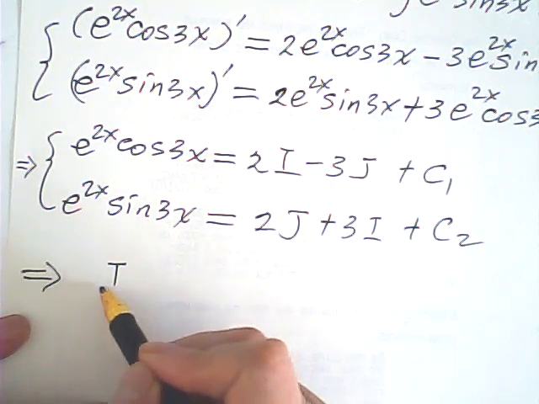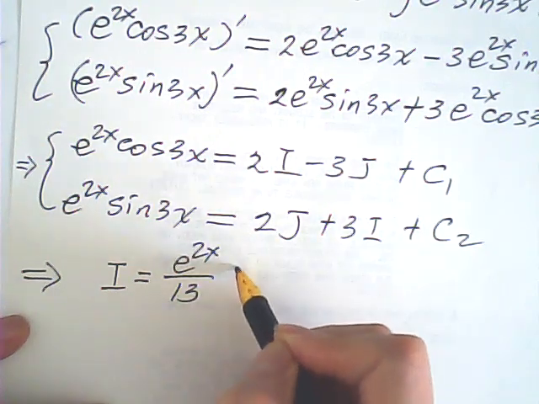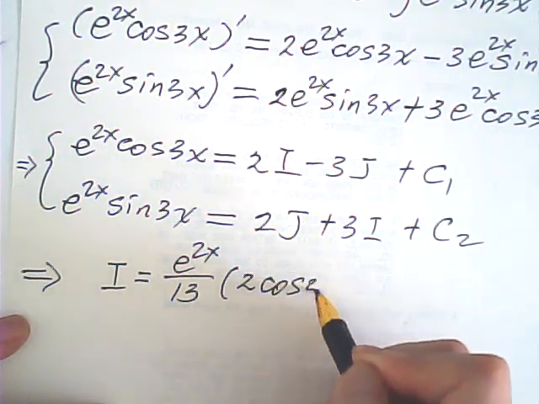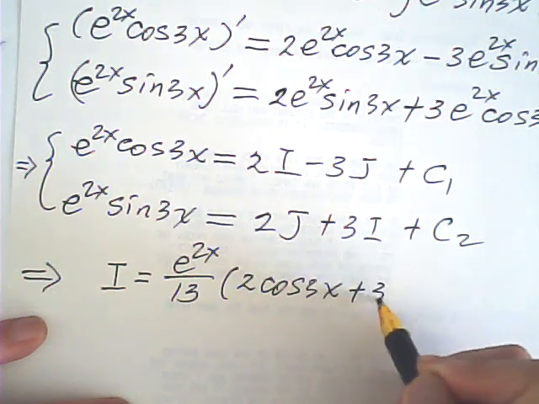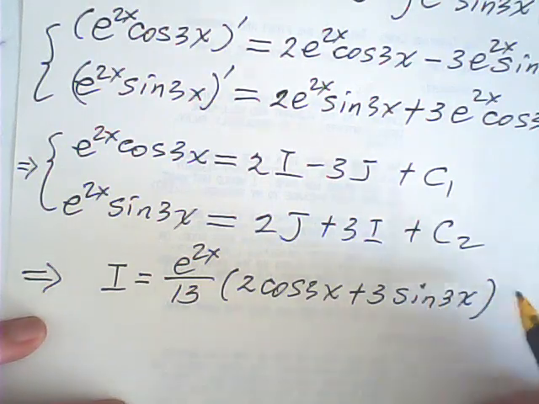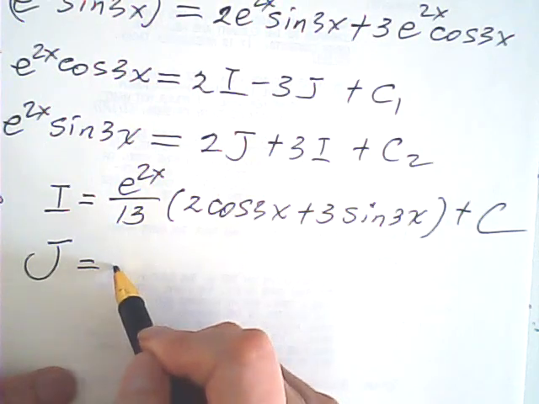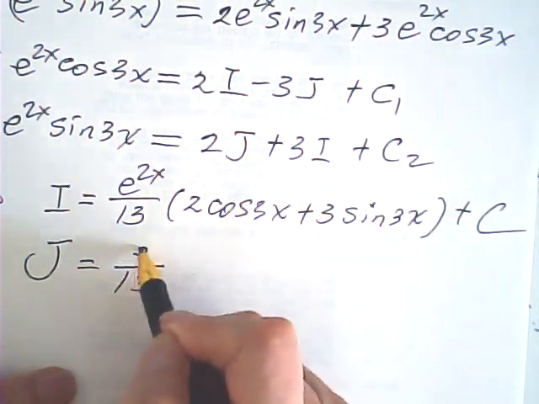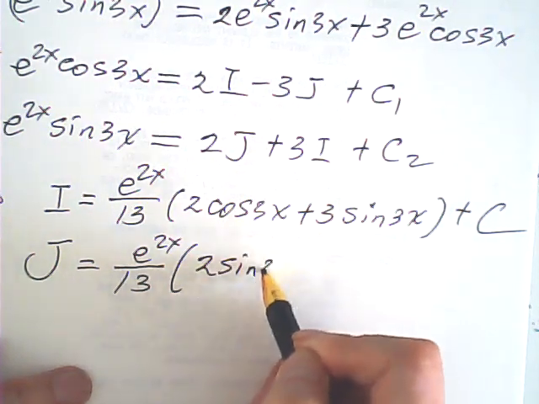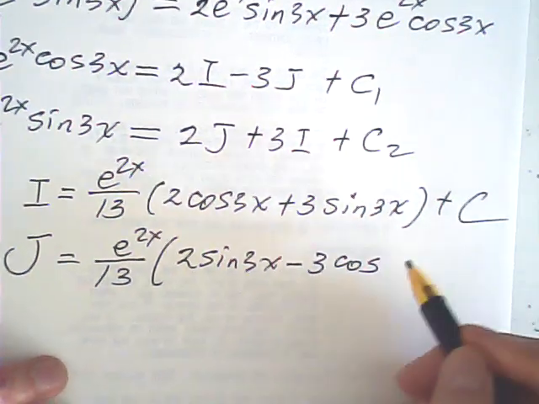I is equal to e to the 2x over 13 times (2 cosine 3x plus 3 sine 3x). And J is equal to e to the 2x over 13 times (2 sine 3x minus 3 cosine 3x).